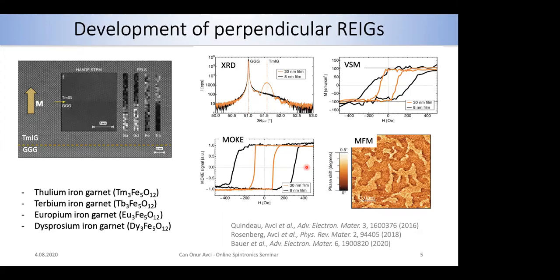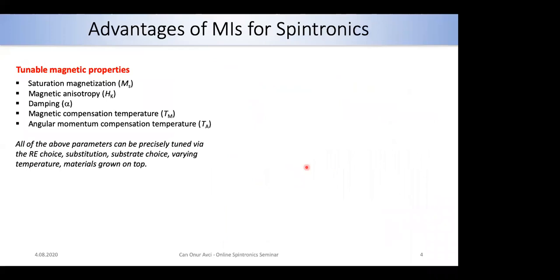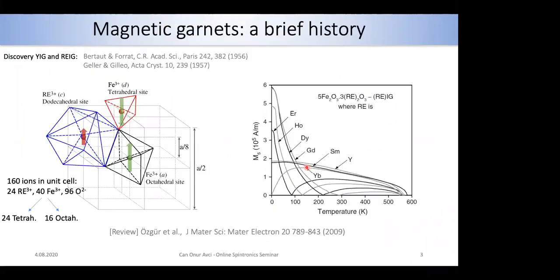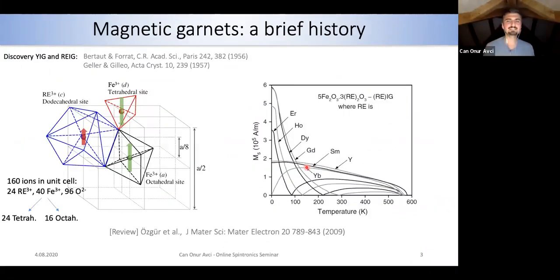You had at the very beginning a wonderful picture of many rare earth garnets, the saturation magnetization as a function of temperature, but the thulium one was not on it. Yes, because I took this from a review paper. Apart from gadolinium, all the materials that we studied so far are not on it.